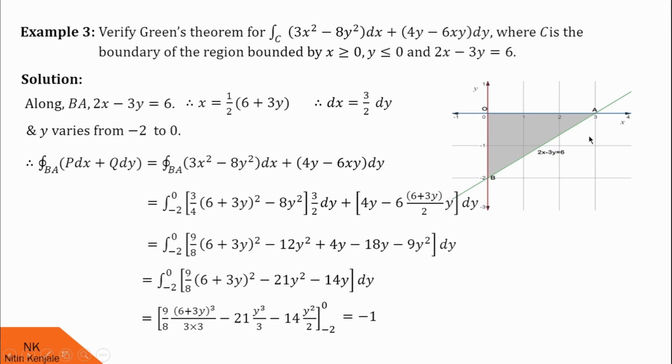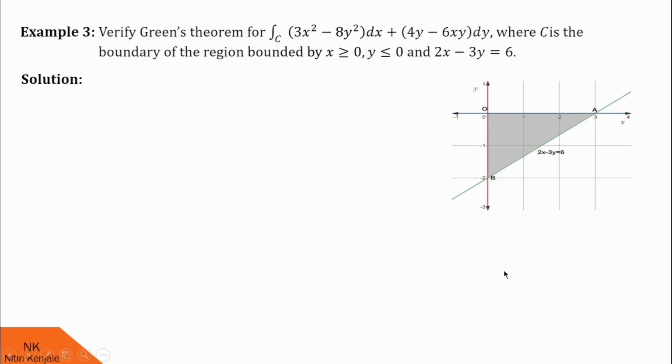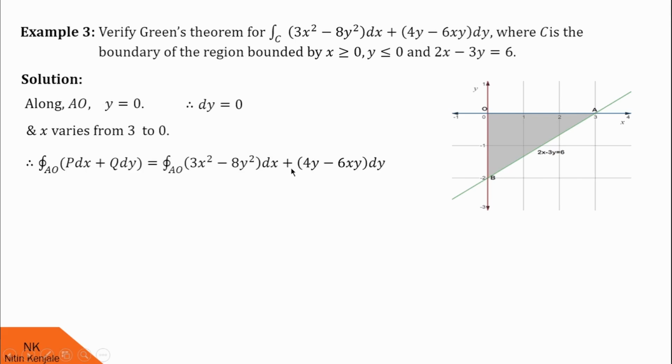Now we integrate this line integral along AO. Along AO, y is equal to 0. Therefore, dy is equal to 0 and x varies from 3 to 0. Now we substitute all these values into this line integral along AO. So we get line integral of 3x square dx plus 0. Look at here, 3x square remains 3x square.